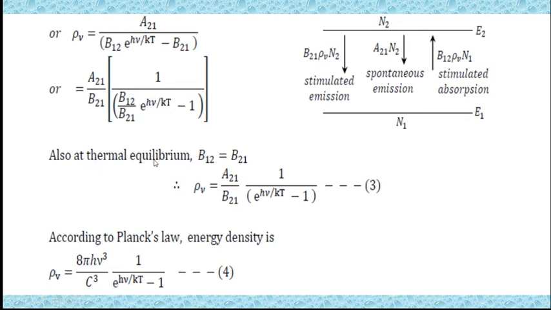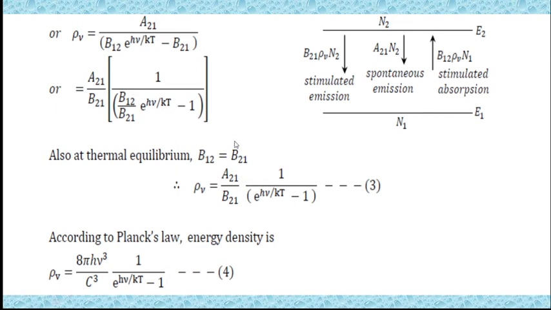At thermal equilibrium, it can also be seen that B12 will be equal to B21. The probability of stimulated absorption will be equal to the probability of stimulated emission. In the sense, spontaneous emission will be negligibly small. Therefore, upward transitions will be equal to downward transitions, both due to stimulation.